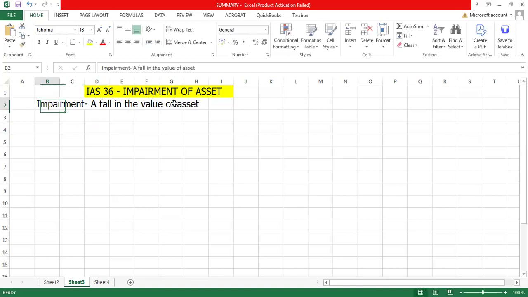For example, here you'll find that for you to know that there is impairment, you look at two things. You compare.